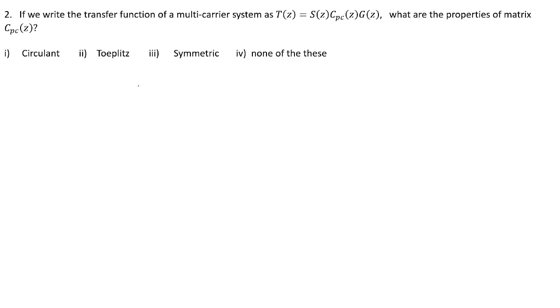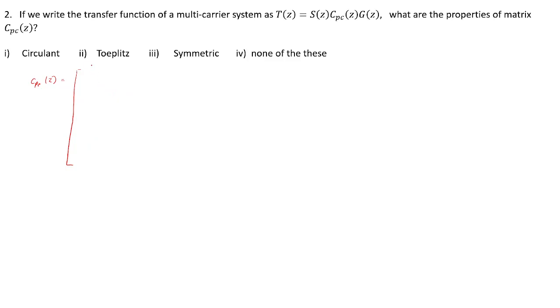So let us analyze the structure of this C_pc(z). It's a square matrix, of course, and its structure is as follows. It is constructed basically in a particular way, so I'll mention that.